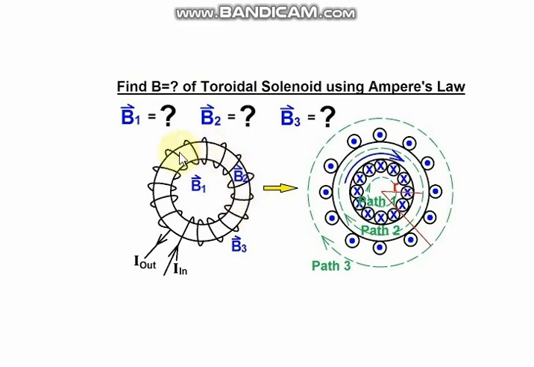This is the region inside the tubular region, and this is the region outside the tube on which the current carrying wires are wound. You are required to find the fields in these three regions, so calculate the values of the magnetic fields B1, B2 and B3.